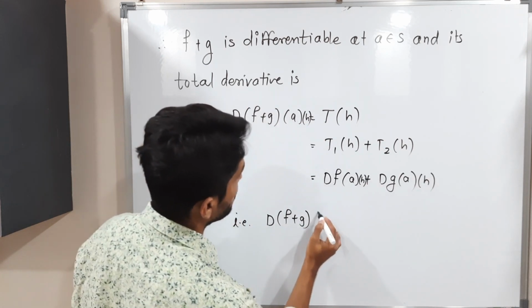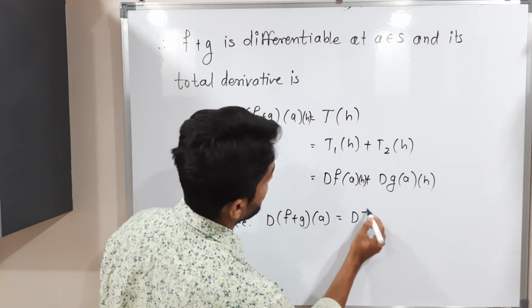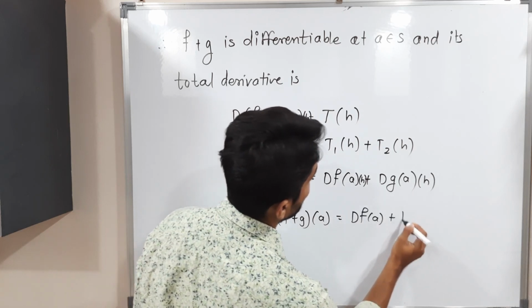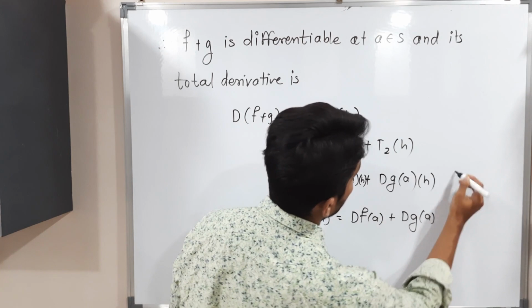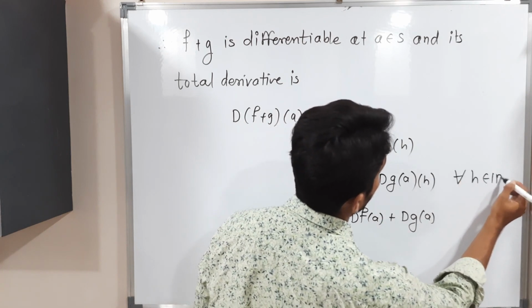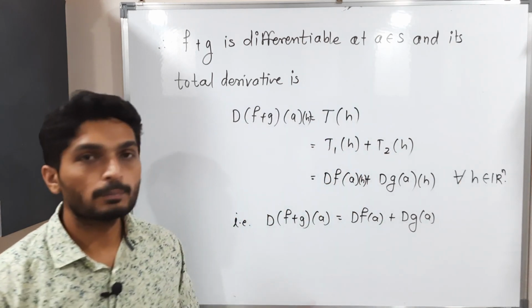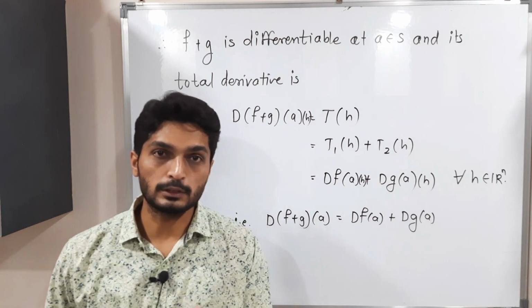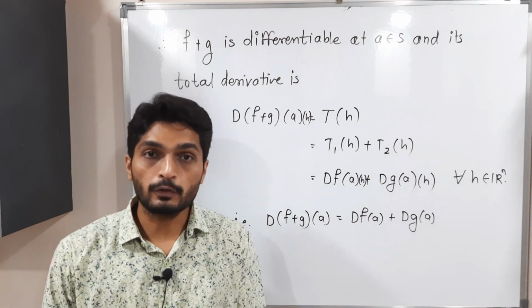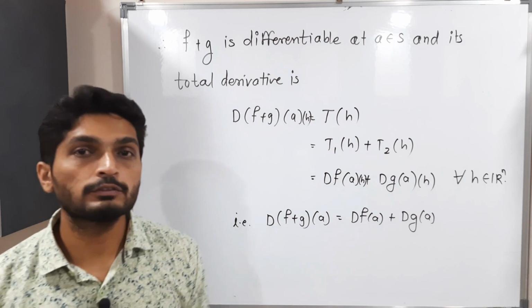So d of f plus g of a is equal to d f of a plus d g of a, and this is true for all h belonging to R n. In this way we proved that the total derivative of f plus g is equal to the total derivative of f at a plus the total derivative of g at a.